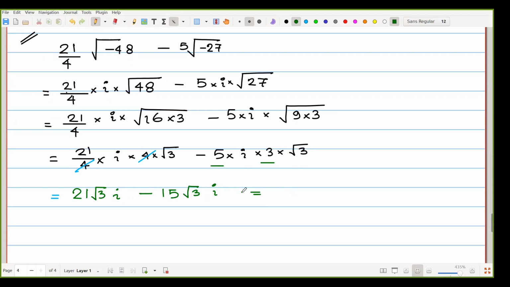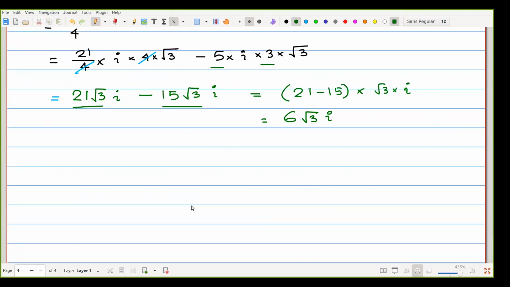Or finally, I am not writing directly, 21 minus 15 into square root of 3 into i. That means 6 square root of 3 i. That can also be written in that way, or you can simply subtract 21 root 3 minus 15 root 3, that is 6 root 3 i.